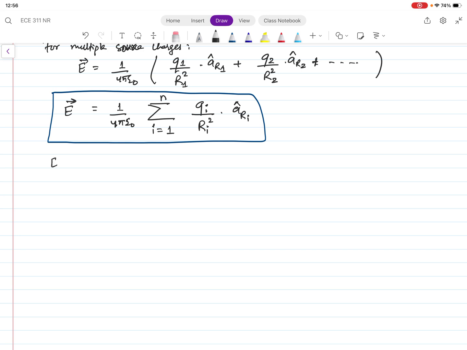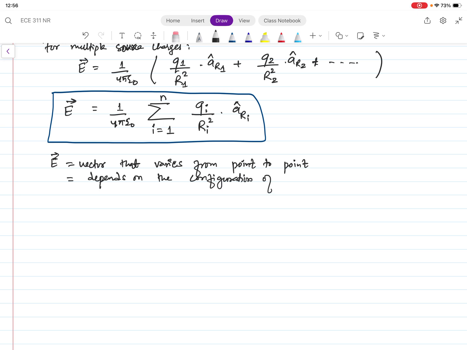So E is of course a vector that varies from point to point, and it also depends on the configuration of source charges.